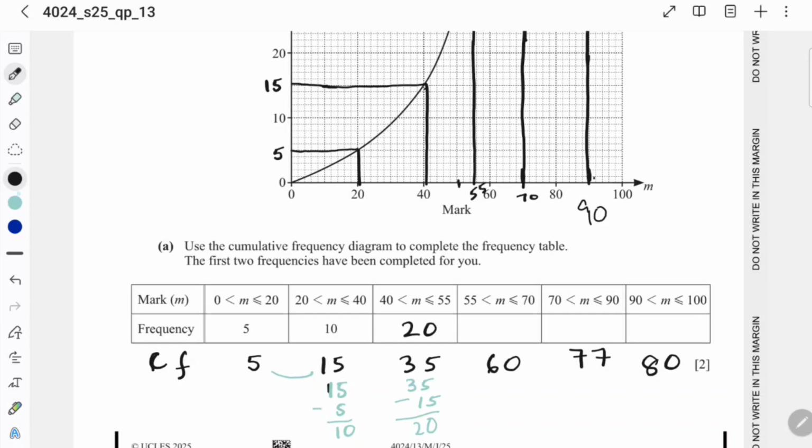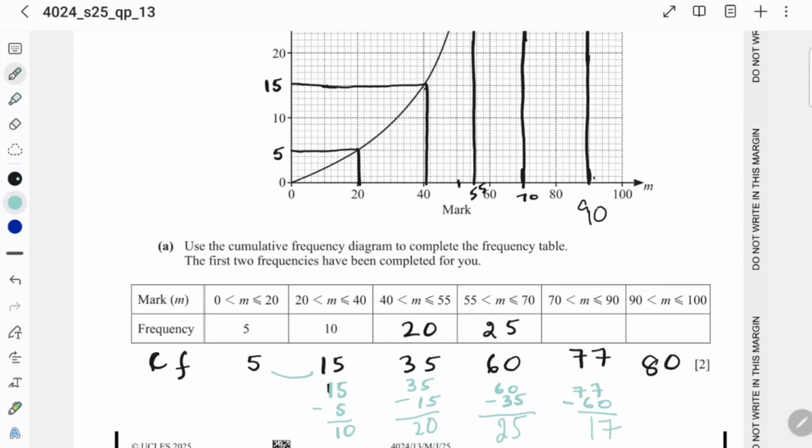The next number is 60. So I'll do 60 minus 35, and 60 minus 35 is 25. So my next answer will be 25. 70 to 90 is reaching at 77. So what I do is subtract 77 minus 60, which is simply 17.